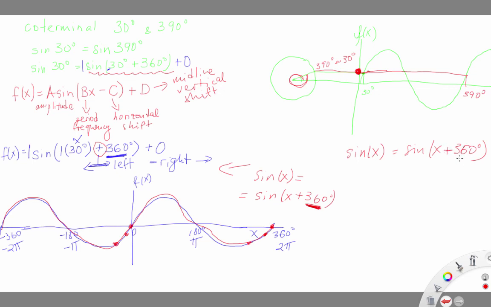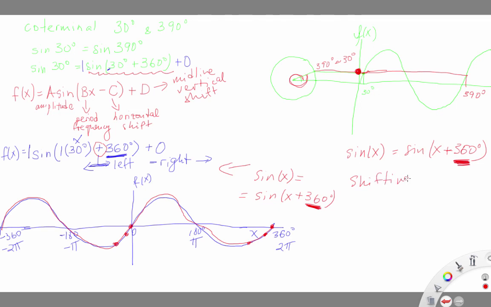I hope you connect what you just learned to what we did last year: this horizontal shift in a trig function, in a sine function, does not really change how the function looks. Shifting the function by 360 to the left or right does not change the function.